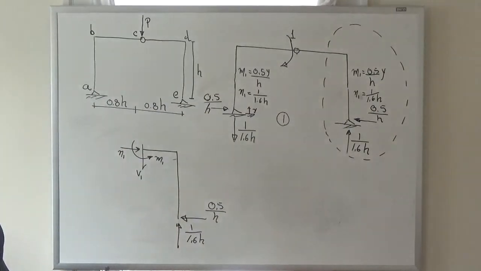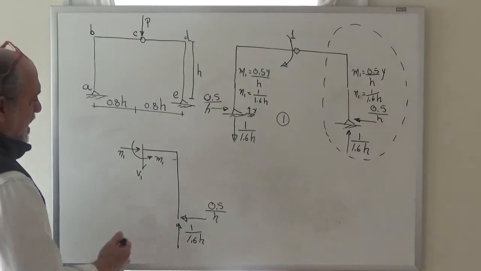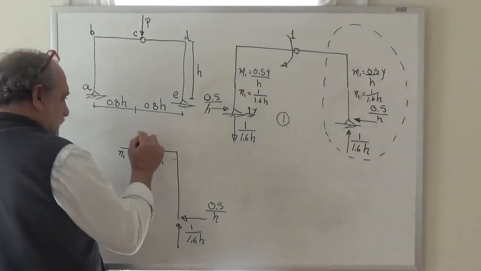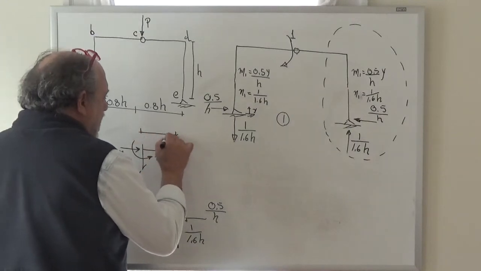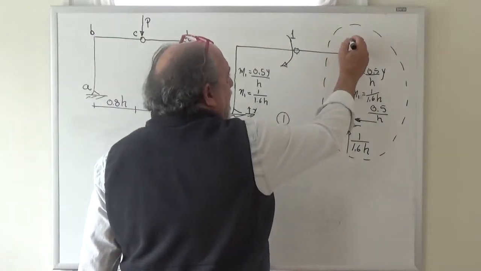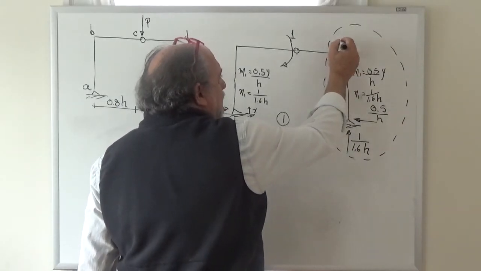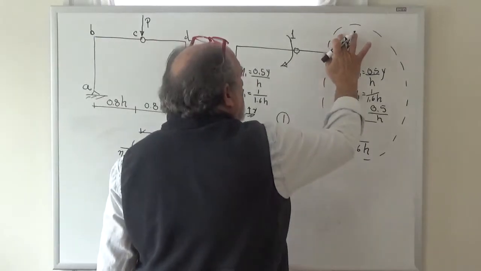Okay? Now I can see that this moment is going to depend on distance from here to here, and so I need a coordinate, right? So I'm going to say that this coordinate needs a name, which is something that starts here and moves this way. So I'm going to call it x.